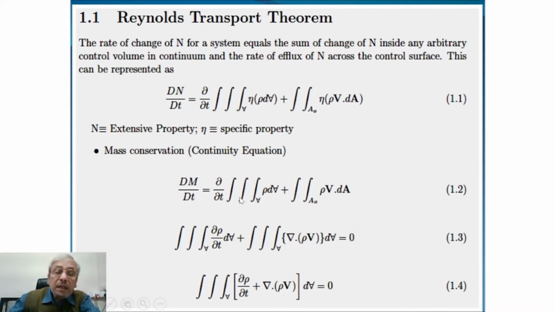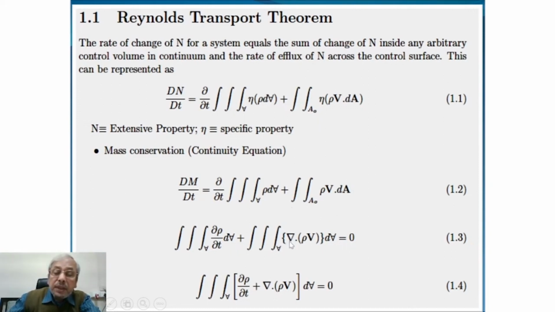The control volume is a fixed space, a fixed volume in space. Its boundary is not changing, and it's an open system. So we can write basically volume integral ∂ρ/∂t dV, and this surface integral we can convert into a volume integral by applying Gauss divergence theorem.